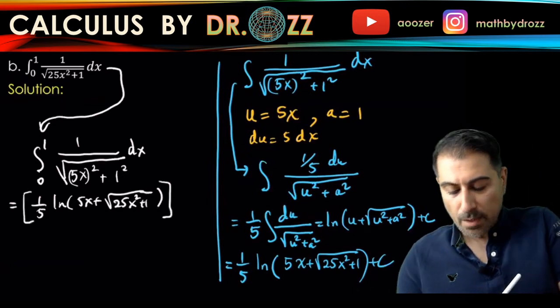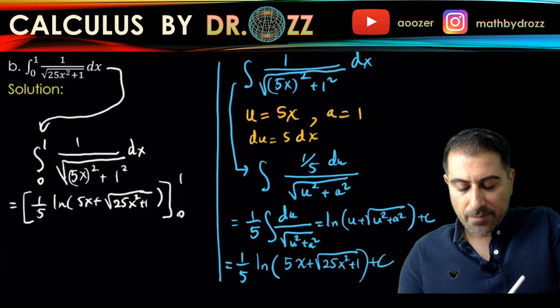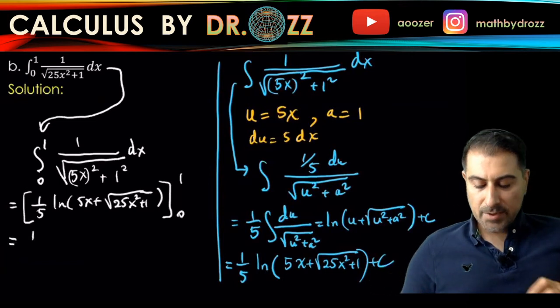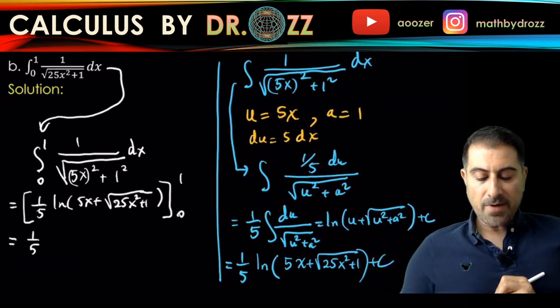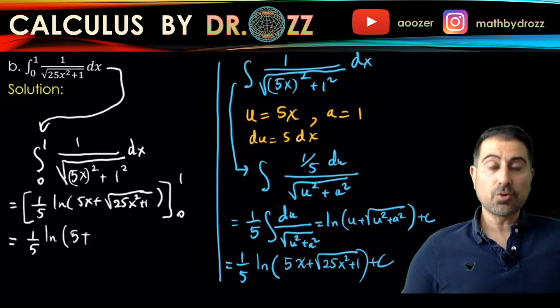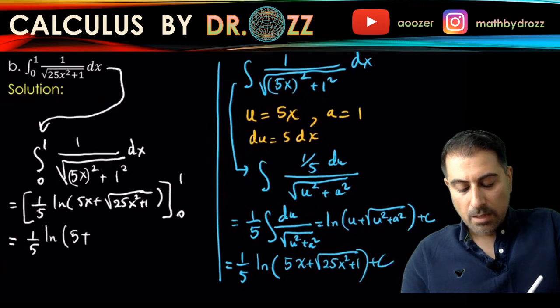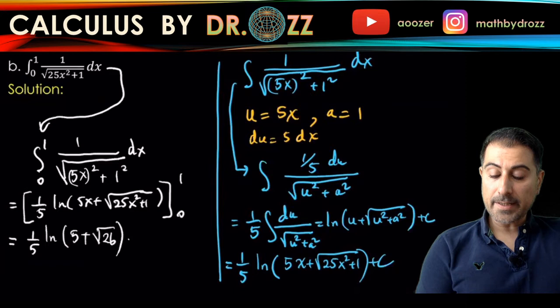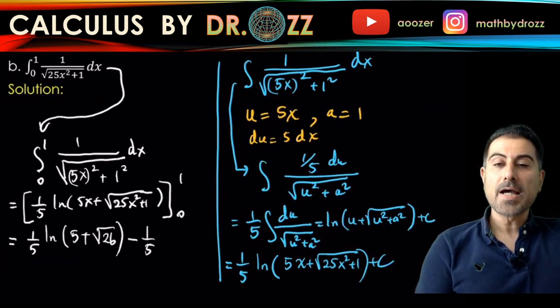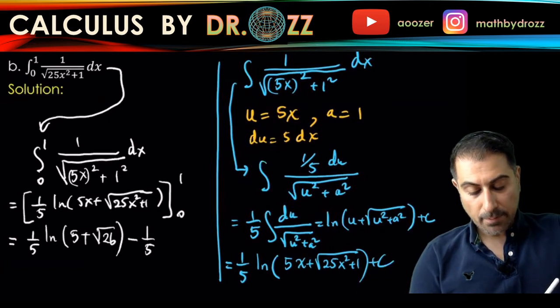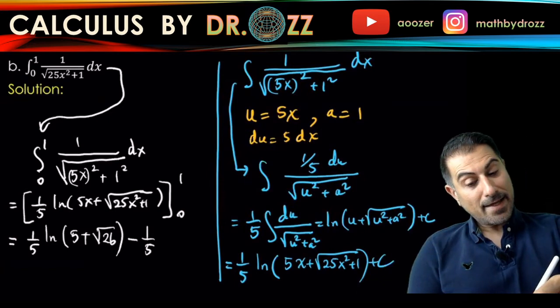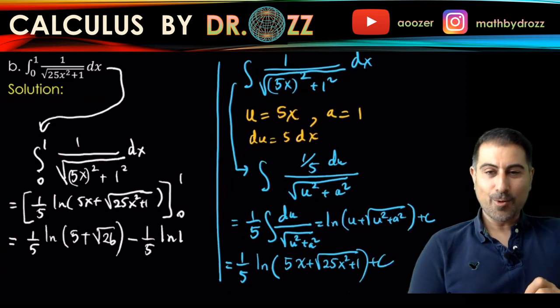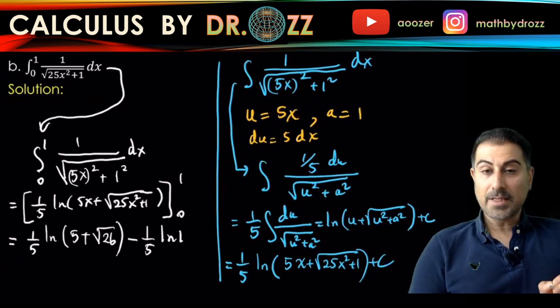All right, let's see what we have here. 1/5, plugging in 1 for x yields ln of 5 plus radical 26, right? Minus 1/5. If you plug in 0 for x, you have ln of 0 plus radical 0 plus 1, and that is ln 1, right? And ln 1, as you may remember from calculus, is equal to 0.